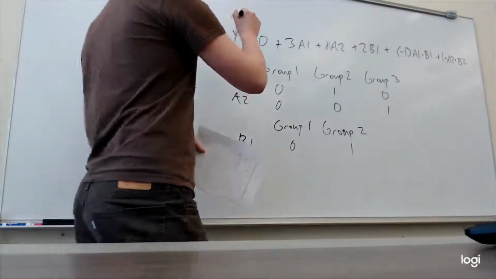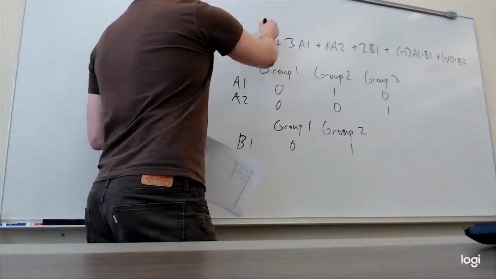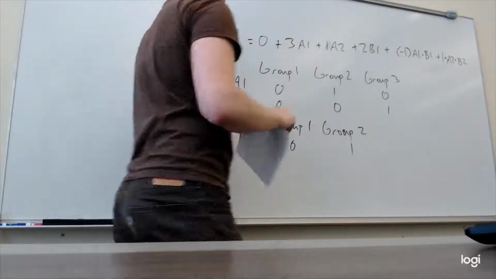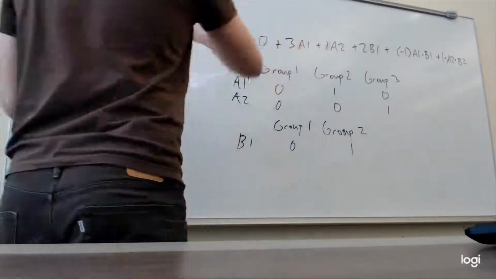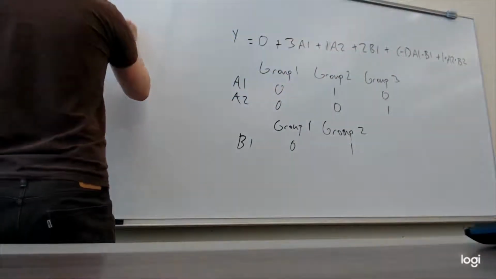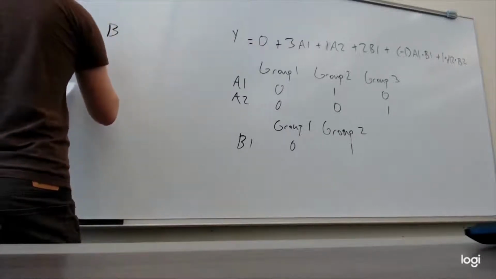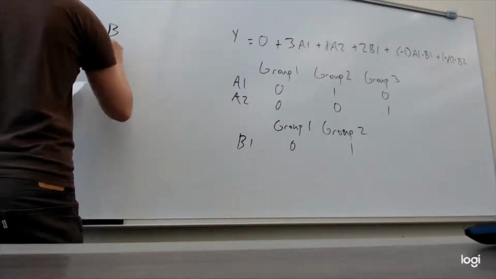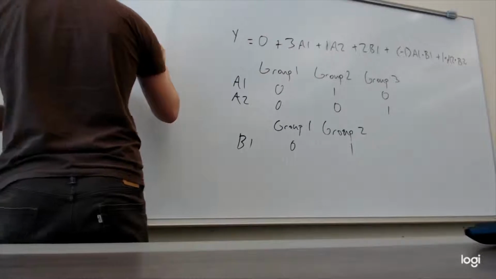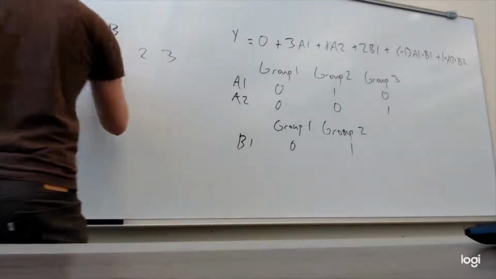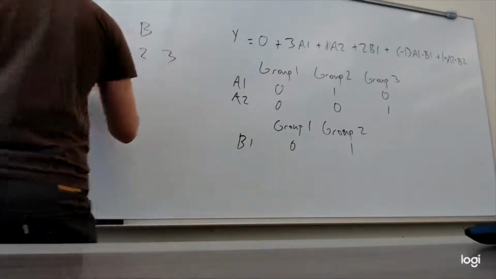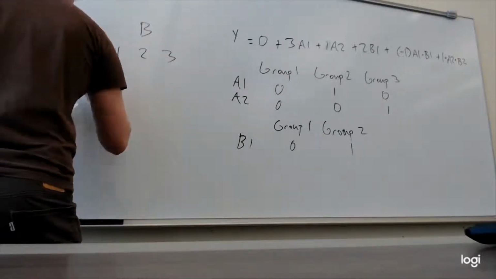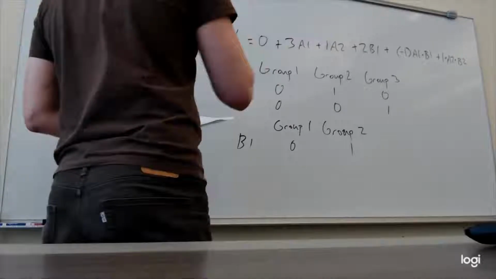So let's look at this equation right here. This 0 is the intercept. It doesn't have any A1, A2, A3, whatever. But the B only has 2 groups.